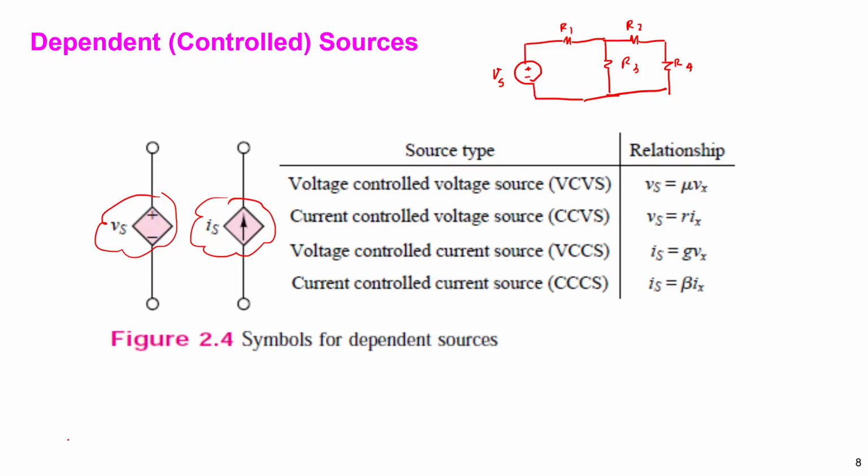But if we change Vs to a dependent source, for example Vs equal to 5 times V4, whatever V4 is, Vs will change according to V4.